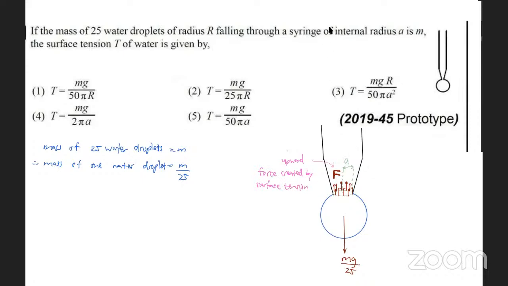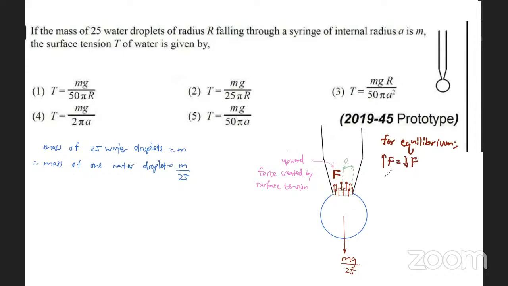Now, what is the equation going to be for this scenario? The scenario in the diagram is the point where the water drop is about to fall down. So let's start for equilibrium. How many free surfaces are here? Only one free surface. Then the upward force has to be equal to the downward force.